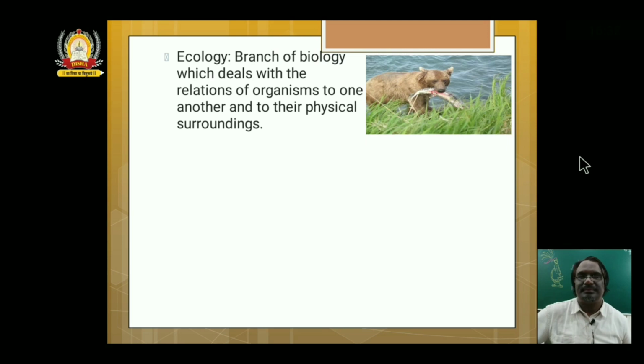Ecology. The living organisms are interdependent on each other. And the living organisms are dependent on non-living things, which we call abiotic factors, such as sunlight, water, temperature, and soil.